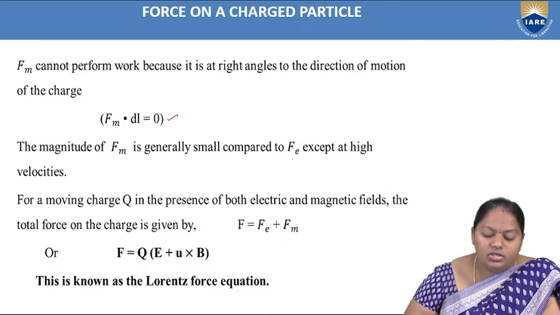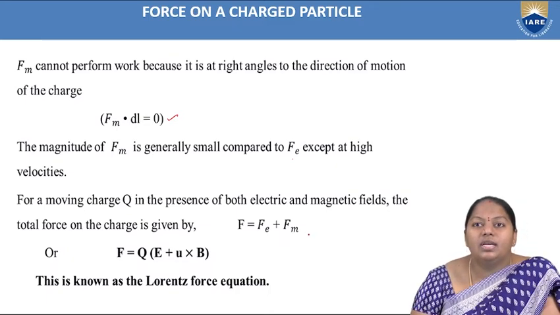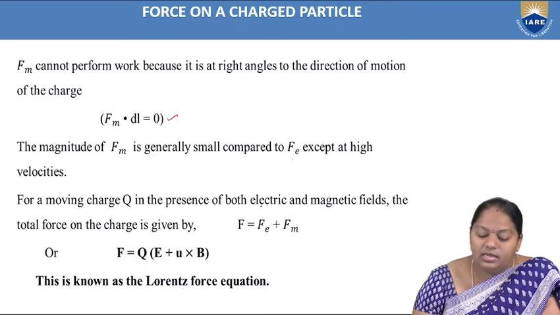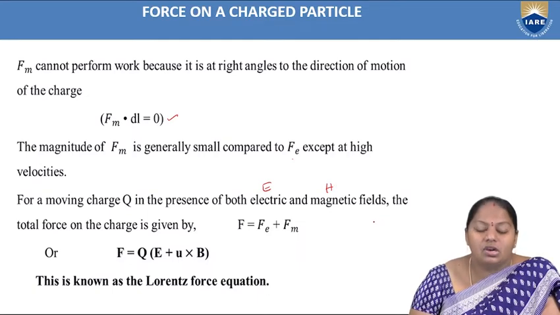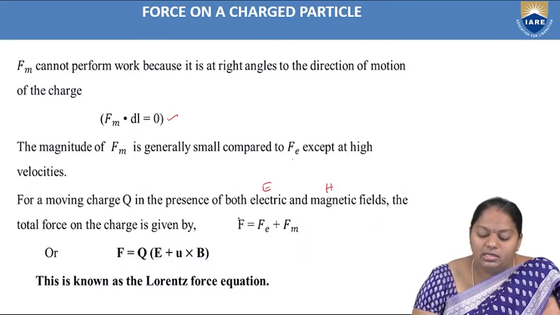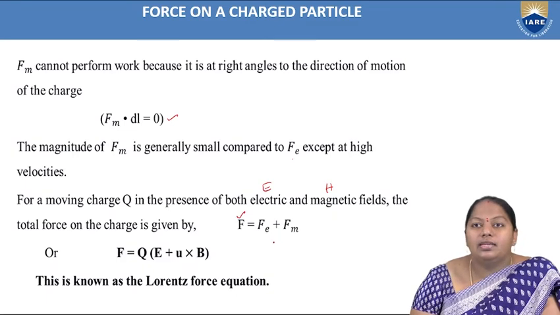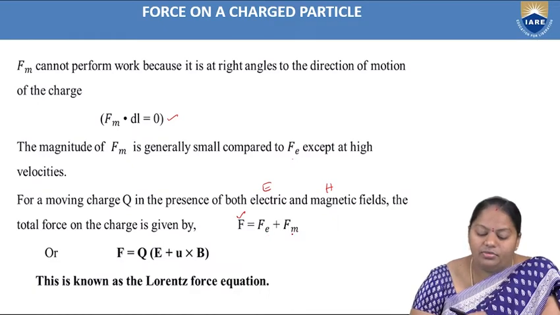For a charge Q moving in the presence of both electric and magnetic fields, the total force on the charge can be given by F equal to Fe plus Fm.